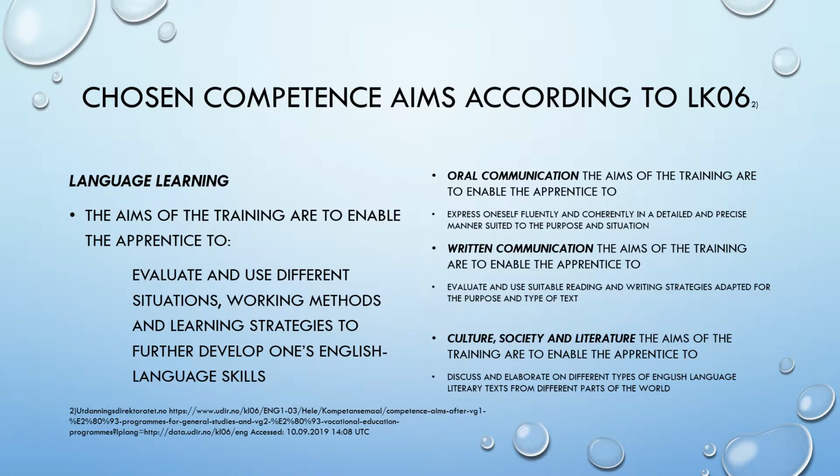Regarding written communication: evaluate and use suitable reading and writing strategies adapted for the purpose and type of text. And last, culture, society, and literature: discuss and elaborate on different types of English language literary texts from different parts of the world.